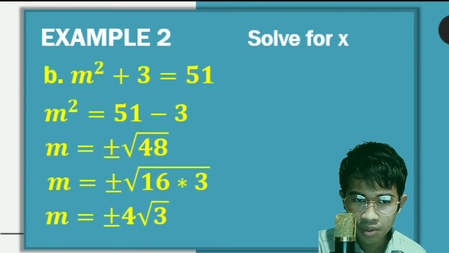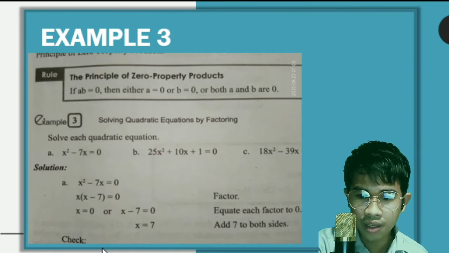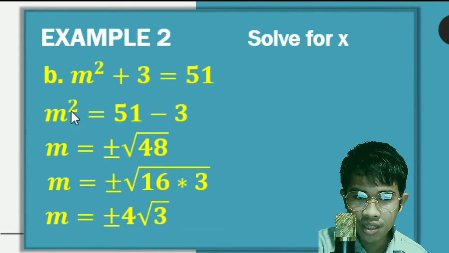Then gin-transpose ta ang squared, naghimo siya square root, and 48 is the result of 51 subtract by 3. So, ang 48 is not a perfect square. Ano iya factor? 16 times 3.